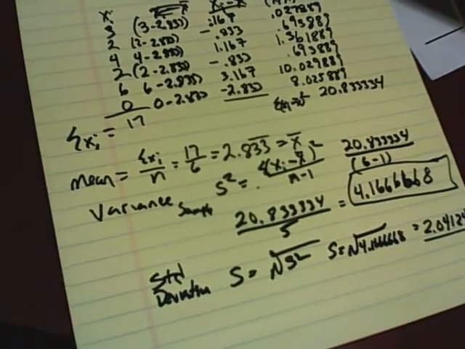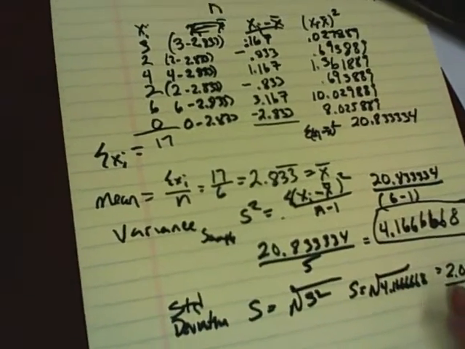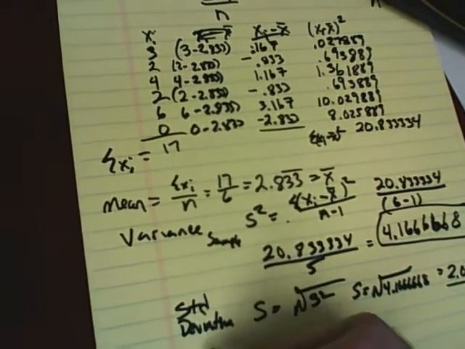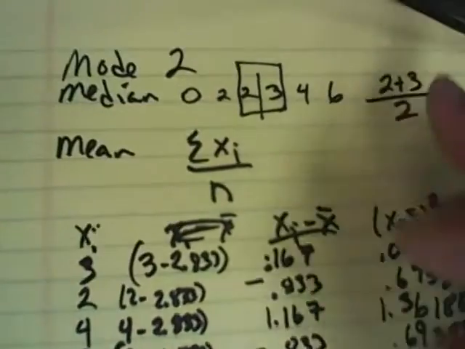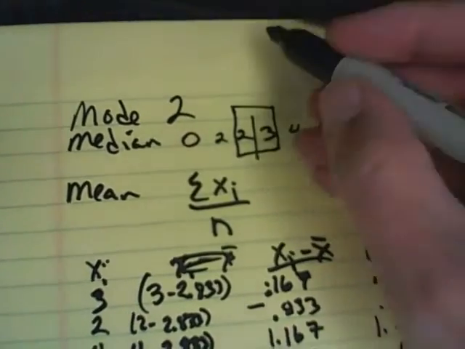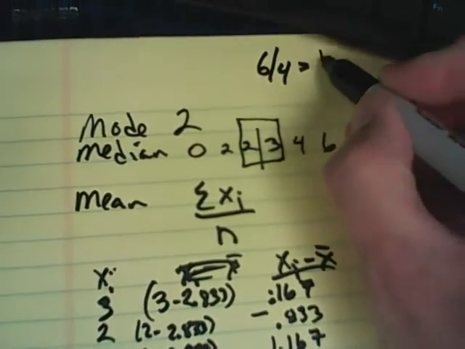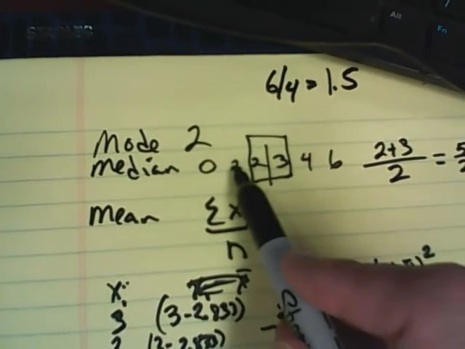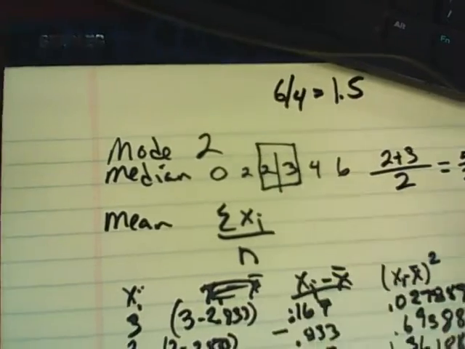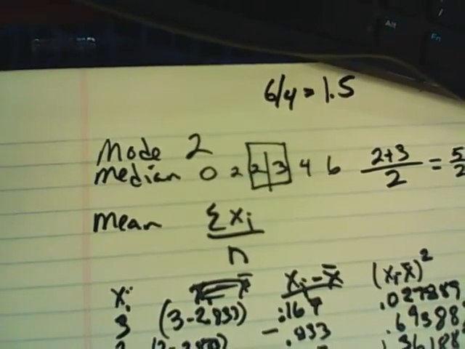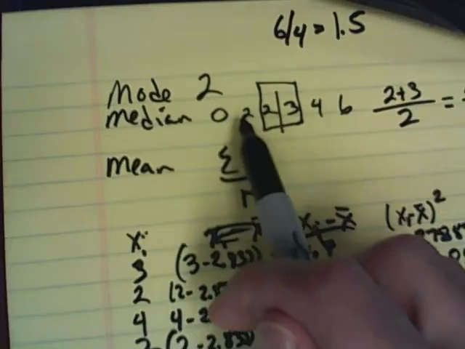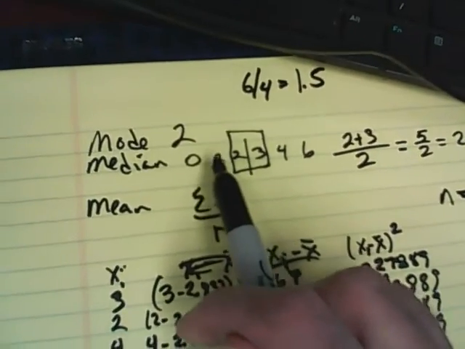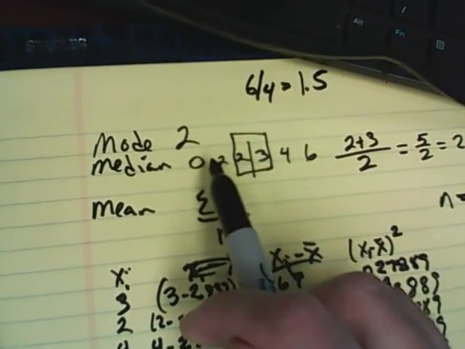Part C, compute the first and the third quartile. I'm going to put these in order. I've got them in order up here, so I don't have to do anything. And I get 6. So I'm going to take 6 over 4, and that's 1.5. So every 1.5 observations, I'm going to take that observation and make that the quartile.